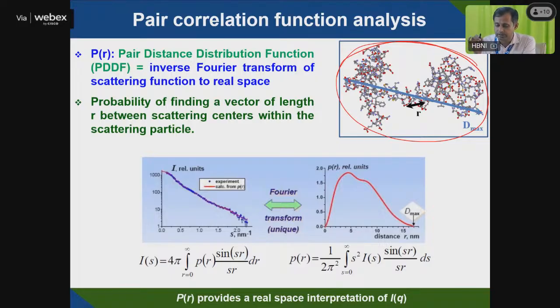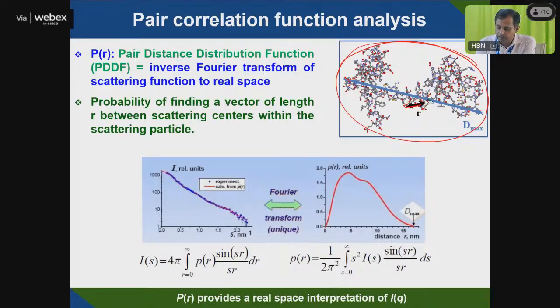In between, I want to find out a small vector, how a particular unit length or molecular length varies. The probability of finding this small r in the whole D max is nothing but your pair distribution function. That is the probability of finding a vector of length r.